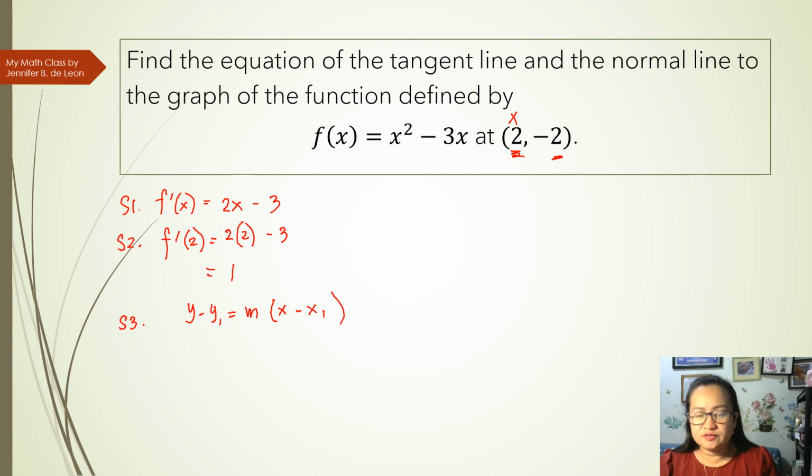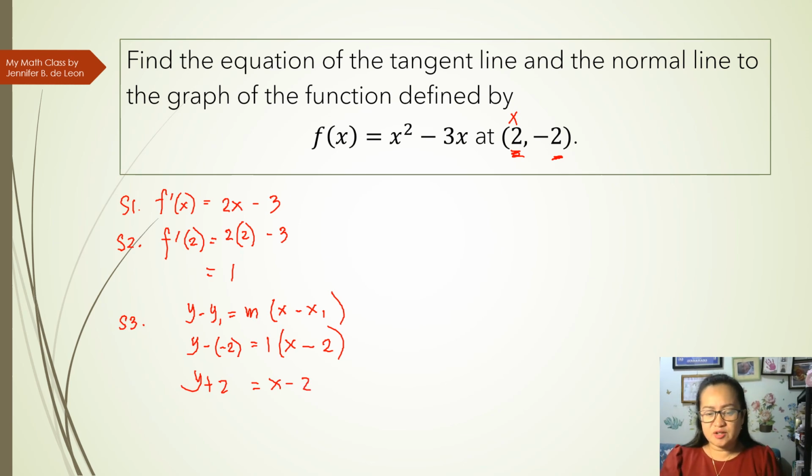Substituting the known values to this equation, we will have y minus negative 2, since we have negative 2 as the y-coordinate. Then the slope is 1, multiplied by x minus the x value, which is 2. So simplifying, we will have y plus 2 is equal to x minus 2.